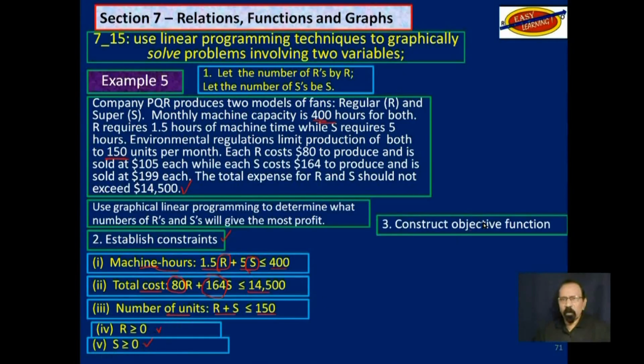Now we have to construct our objective function. This is the one that has to do with profit.